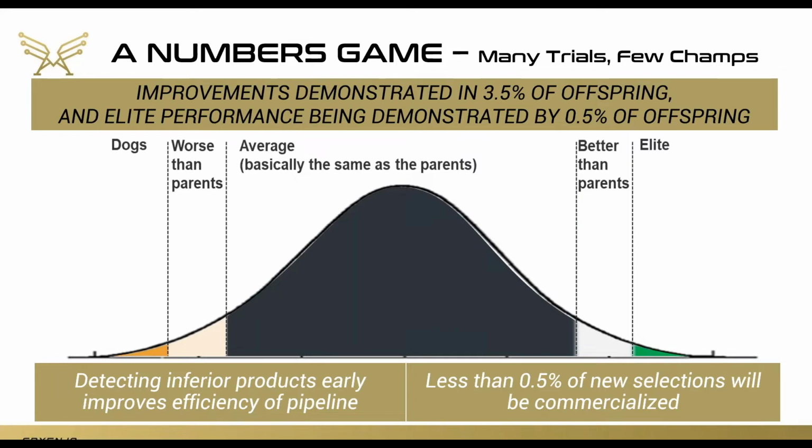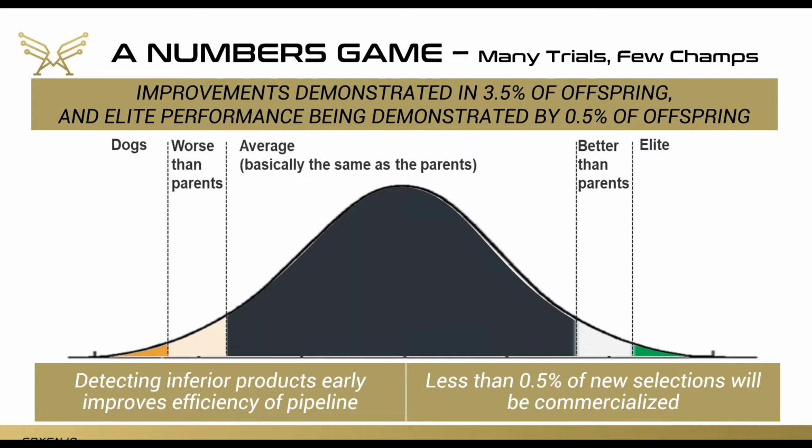From a commercial sense, this is also a huge numbers game. And so just as a gloss over this, to give you some context from a business perspective, it takes about 4 to 6 years of breeding to get a genetic trait essentially to market. So it takes a very long time. And of that sample, really only about 3.5% of offspring have some sort of elite improvements.